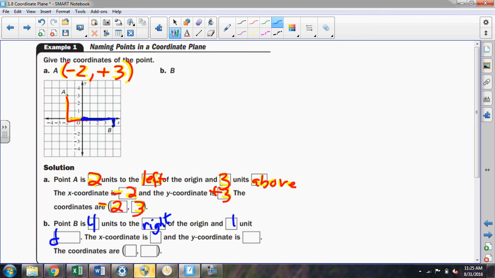So we went 1 unit down. Thus, since we went to the right, our x-coordinate has to be a positive. Since we went down, the y-coordinate has to be a negative. Therefore, we have 4, negative 1, 4 to the right, down 1 for our coordinates.